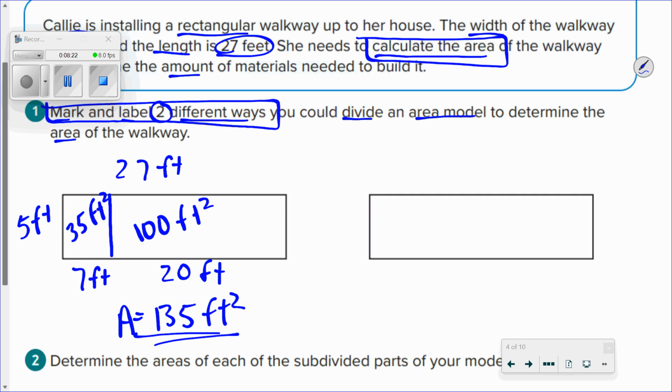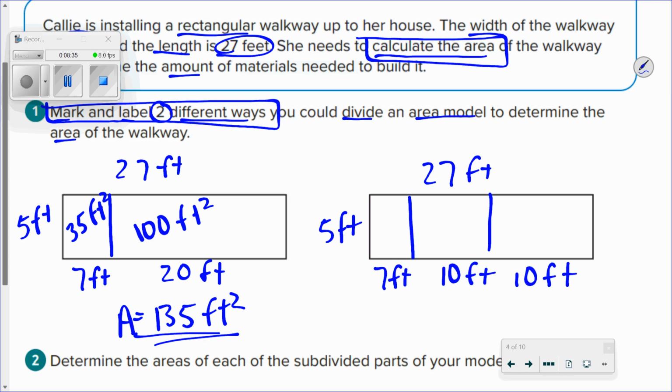Now, for those of you that don't like a number like 10, could I do something like this? If it's 27 and 5, could I instead go, okay, well, what if I did 7, 10, and 10? Would that still be 27? Yes. Is it easy to do 7 times 5?